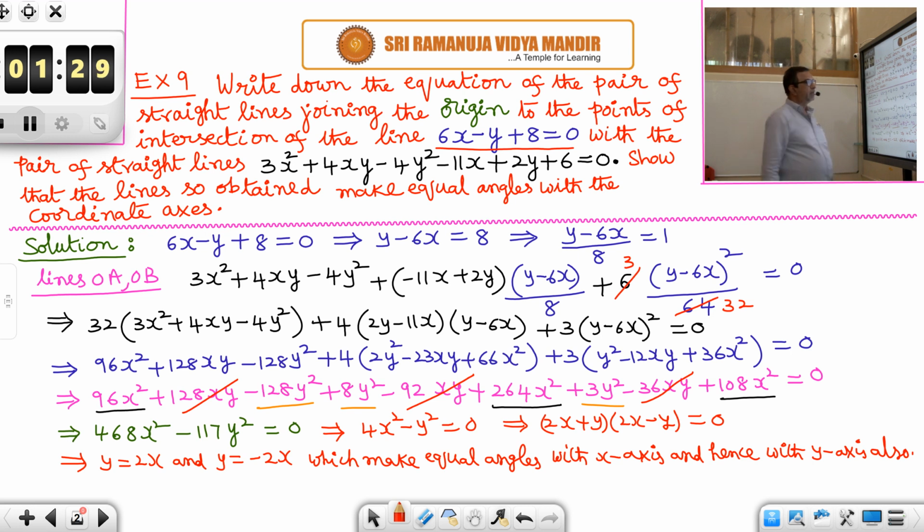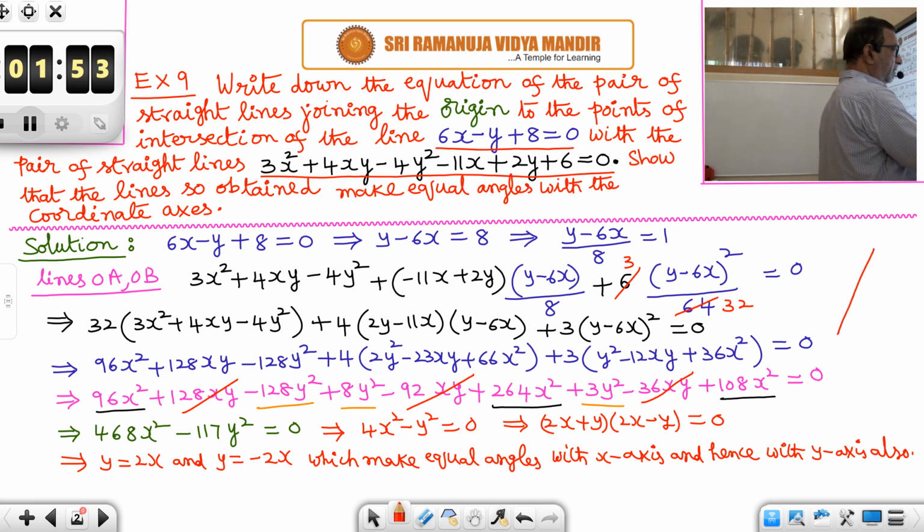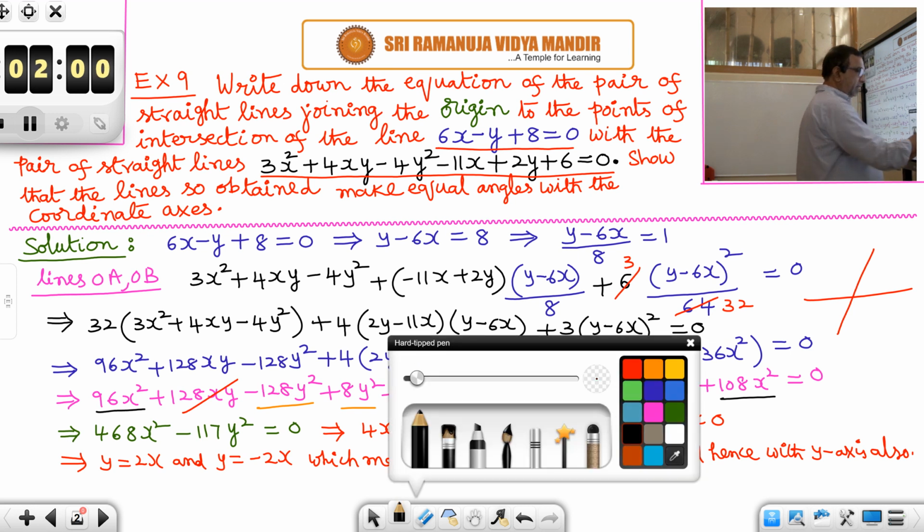See, in the question he has given a pair of lines, this black equation, and a single line, this blue equation. The pair of lines is intersected by this straight line.